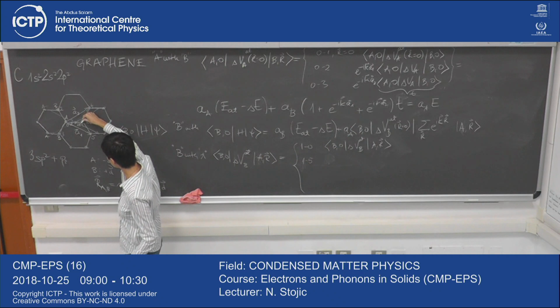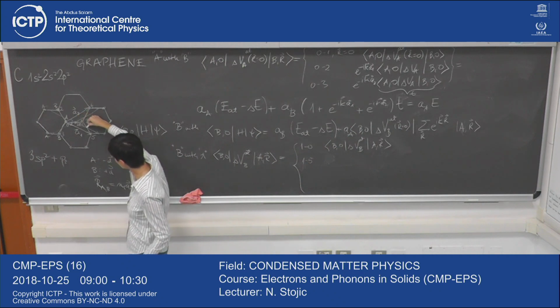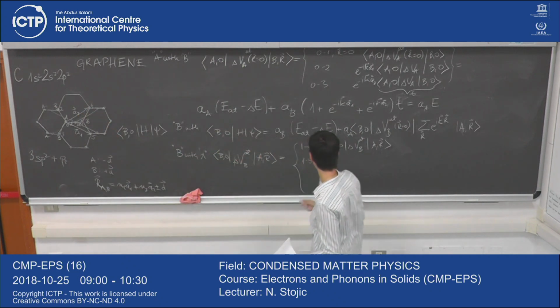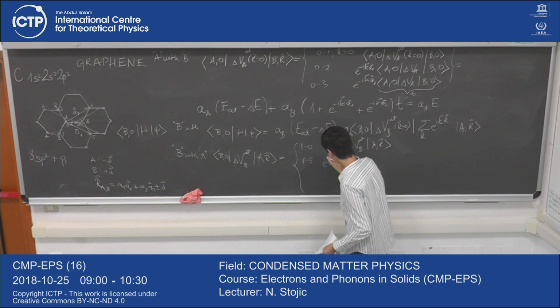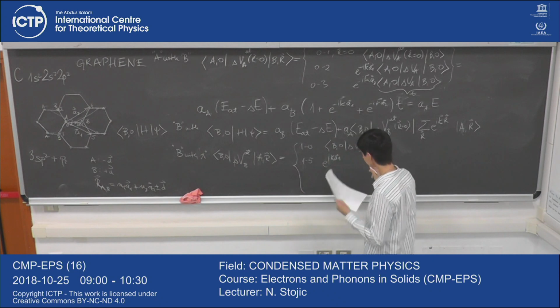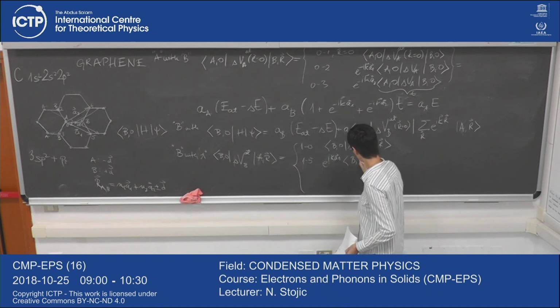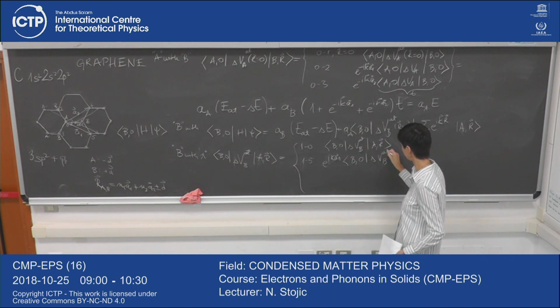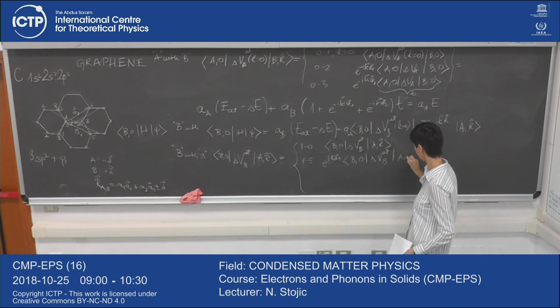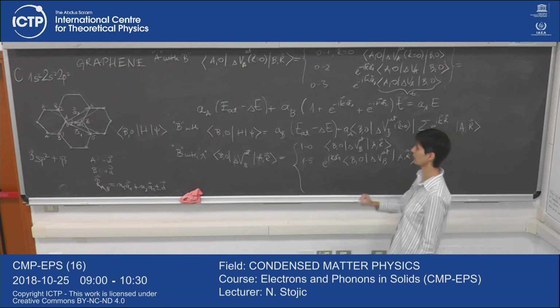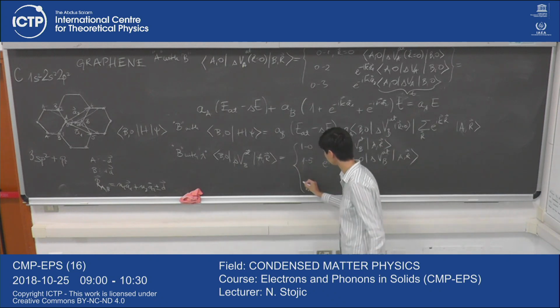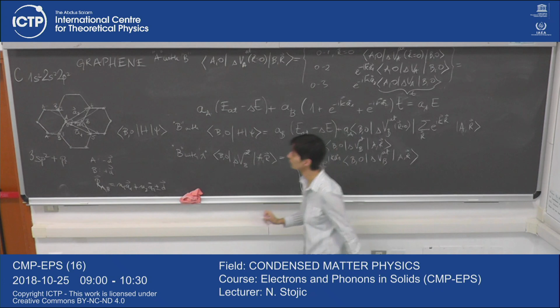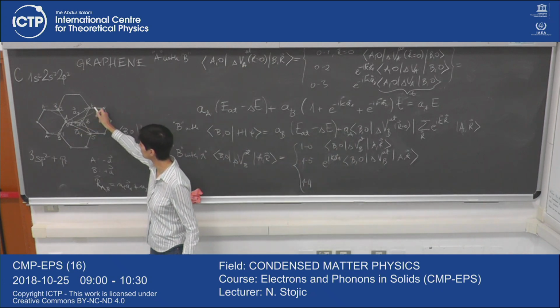I go from here to here. From this basis to this, it's plus A1. And 1 and 4. This is the A2 vector.